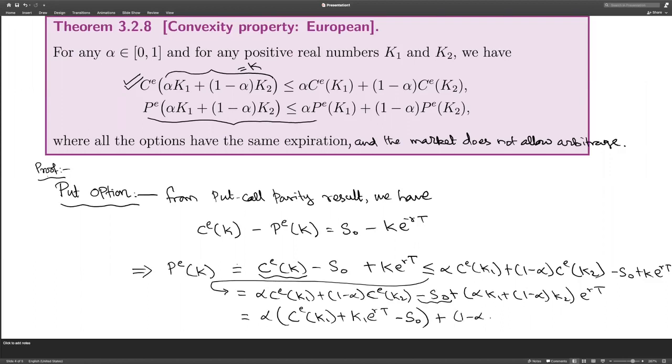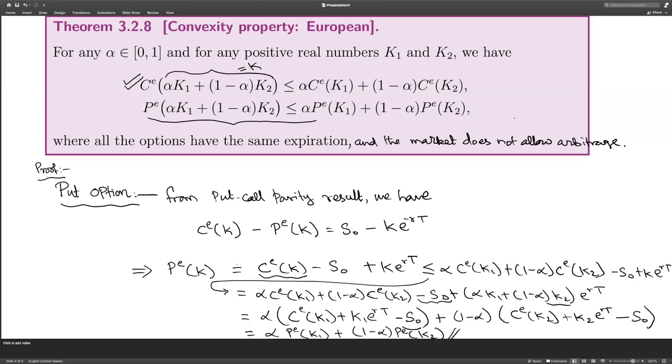Now you group all the 1 minus alpha terms, CE of K2 plus K2 e power RT minus 1 minus alpha S naught, and that is precisely your alpha PE K1 plus 1 minus alpha PE K2.